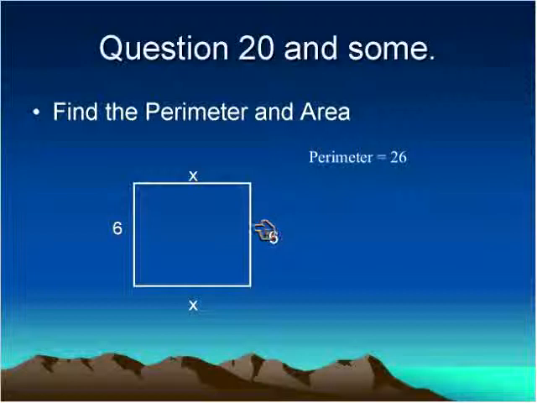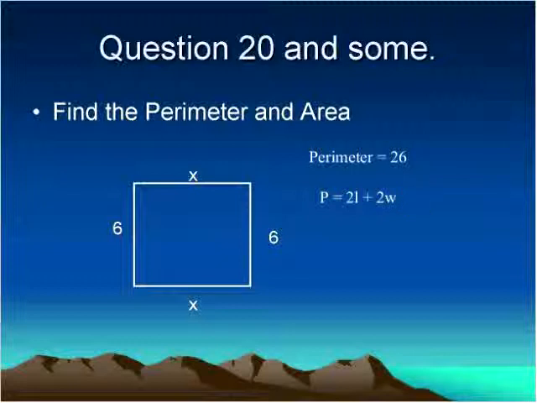If it's a rectangle, you can say this side times 2, plus this side times 2. That's usually the general form. So we'll write that down. Perimeter equals length times 2 plus width times 2. All right? So 2L plus 2W.